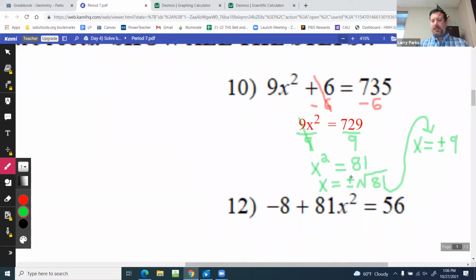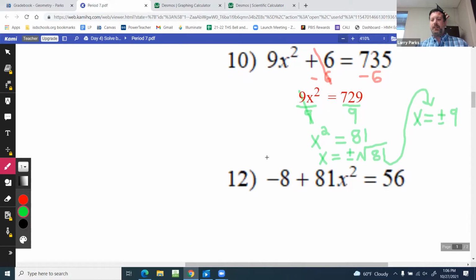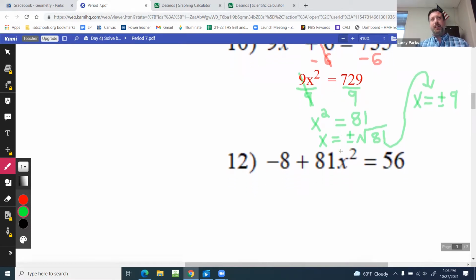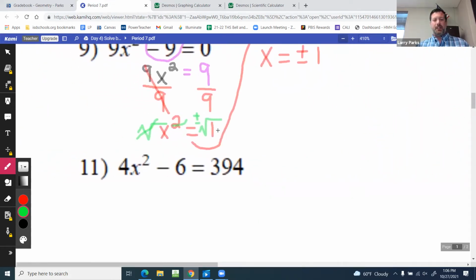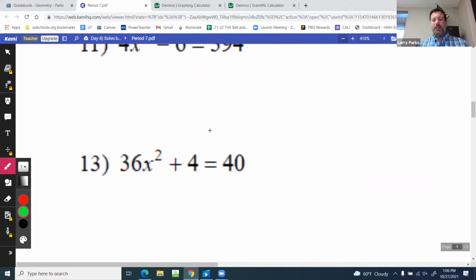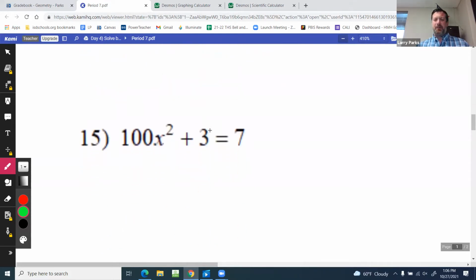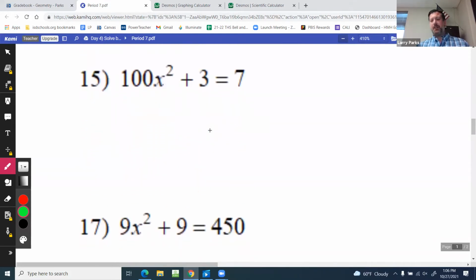You may be asking or thinking, what do you do when you do not have a perfect square? Like this is a perfect square, 81. That's a perfect square, 1. I don't remember if I have any examples. Oh, 15 would be a good example.